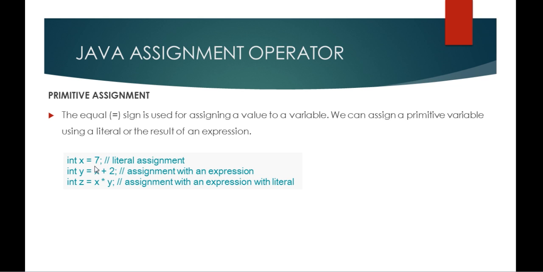And then, kagaya din kanina from the first example, the value of variable y will be the value of 7 plus 2, and variable z will be 7 multiplied by 9.